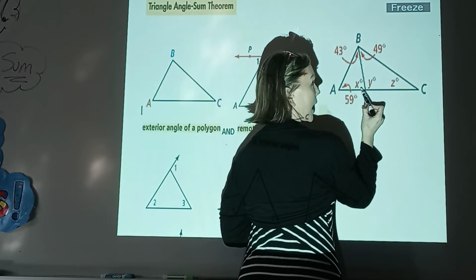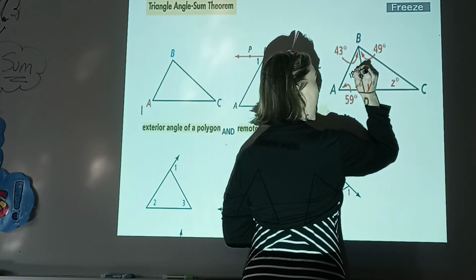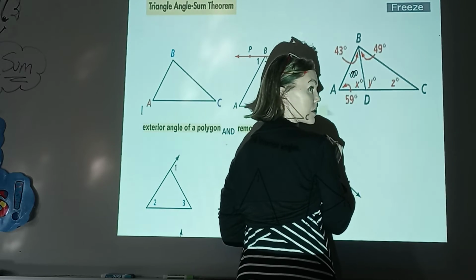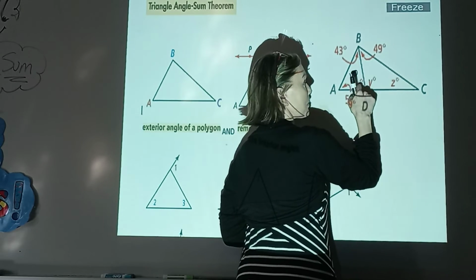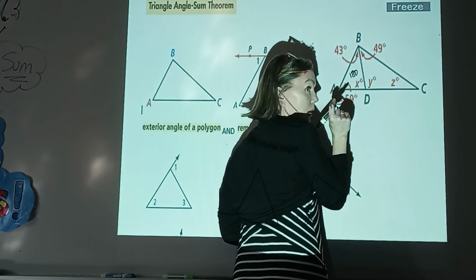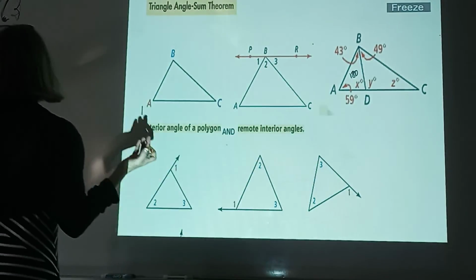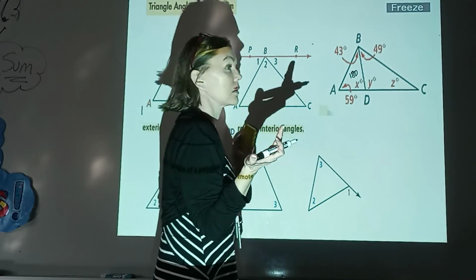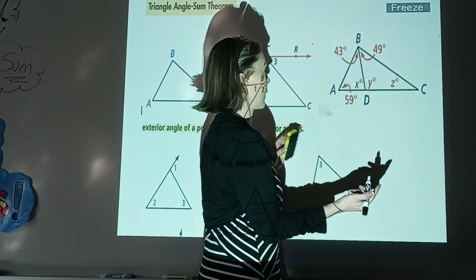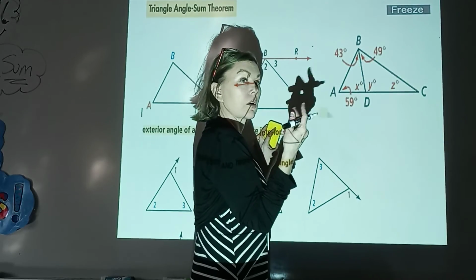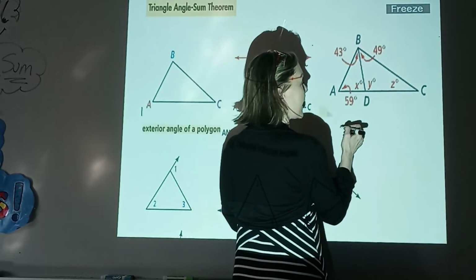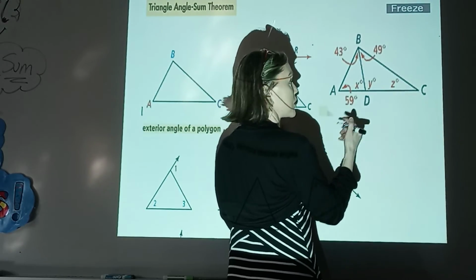So how would we find, knowing that all 3 angles add up to 180 degrees, how do we find the measure of the little angle X? Okay, so 43 plus 59 gives you, I don't know, what is it? 102? Yeah.